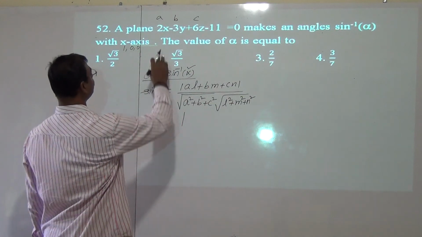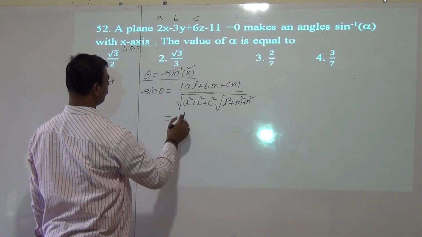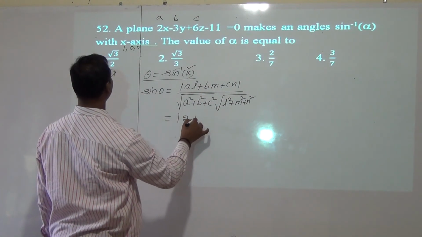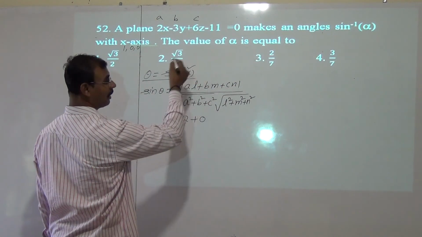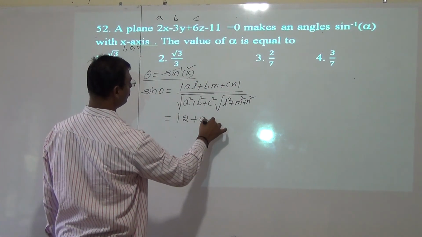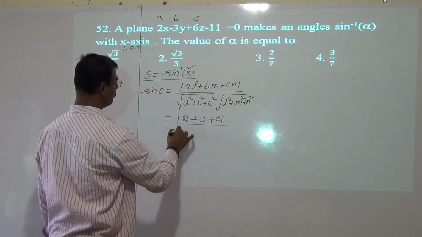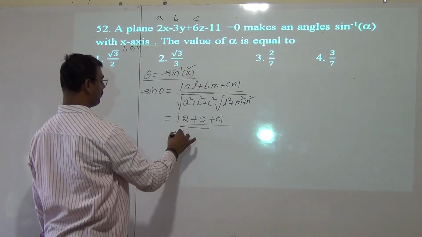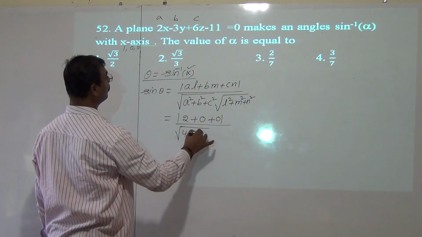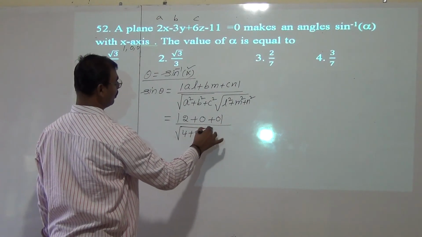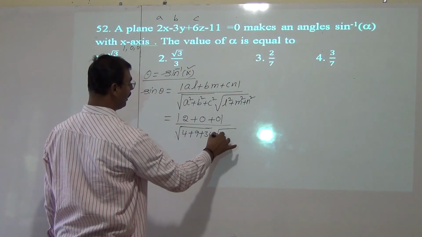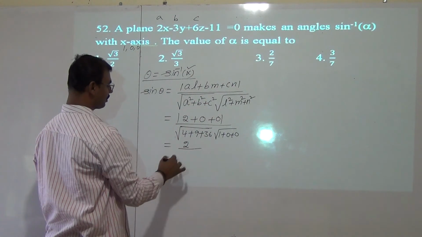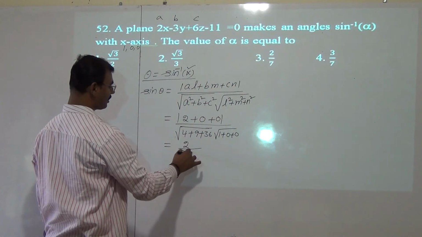So substitute here: magnitude of 2 into 1 plus minus 3 into 0 plus 6 into 0, divided by square root of 2 square, that is 4, plus minus 3 whole square plus 6 whole square, into square root of 1 plus 0 plus 0, is equal to 2 divided by square root of 49, that is 7.